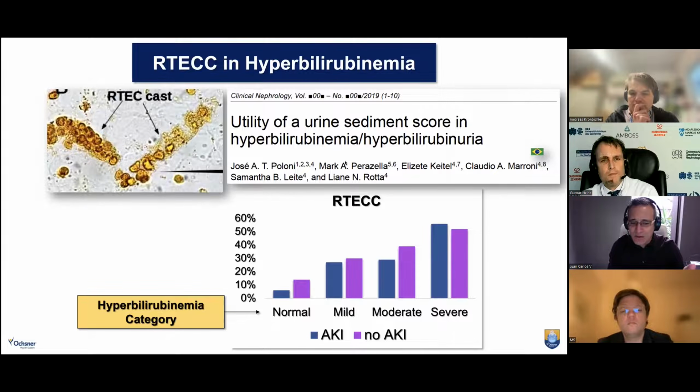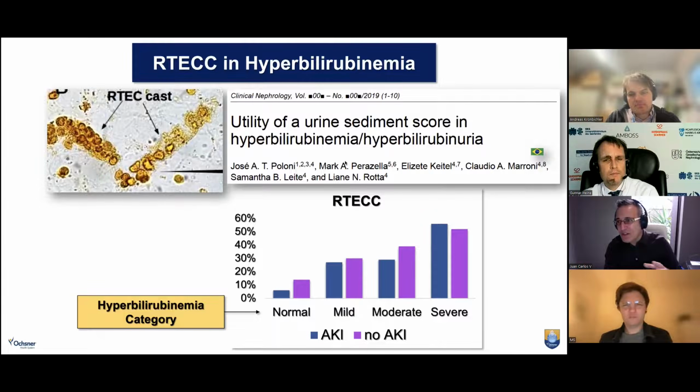You can see here for those with hyperbilirubinemia categorized as moderate to severe, the percentage of patients with this cast was the same and was high. So this is telling us perhaps that this cast might be an indication of some subclinical tubular injury, but we may have to be careful to link them with the cause of AKI. And that obviously is still work that we're going to try to replicate by looking at patients in our center without AKI.